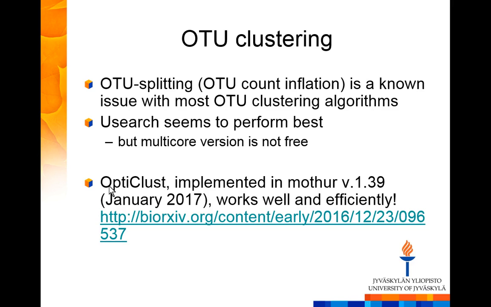And what is really nice is that it's really fast. It requires less memory and it's really fast. I think the time usage was something like 5 or 10% of what the previous algorithm required.